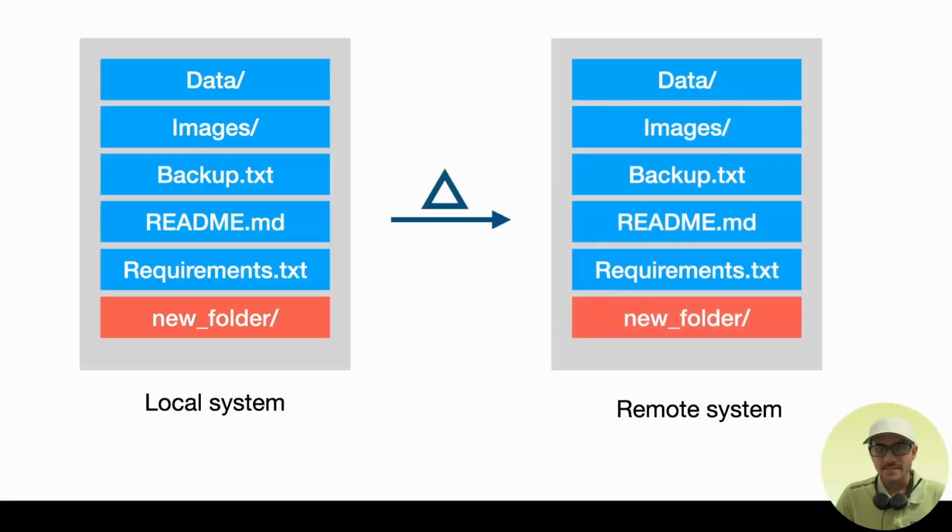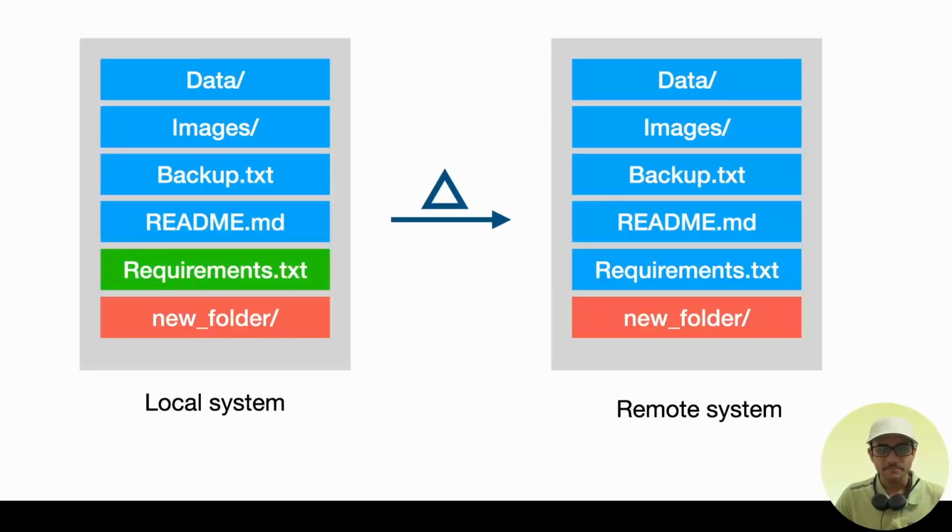That is known as the delta transfer algorithm, which rsync uses. This algorithm is smart enough to recognize that only one folder was added, which was new folder. So it only has to sync that folder in the remote system, and the rest of the files and folders remain as they are. So one of the algorithms that rsync uses is the delta transfer algorithm, which I just showed you.